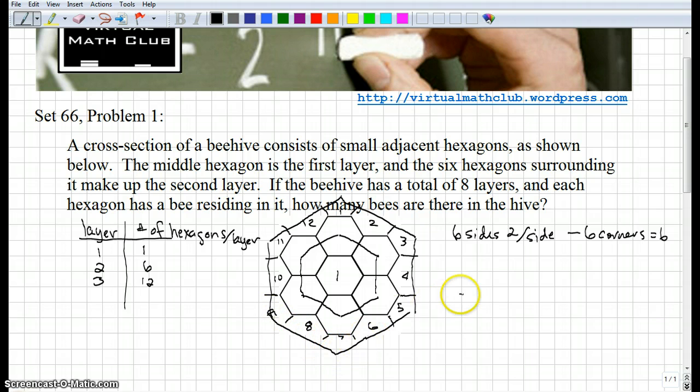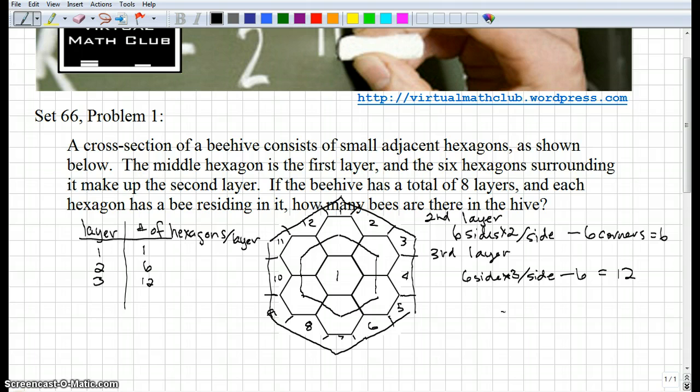So we could think of the third layer as having 6 sides with 3 hexagons per side, and then we subtract the 6 corners. That should be times, so that would be 18 minus 6, which is equal to the 12 that we got, right?